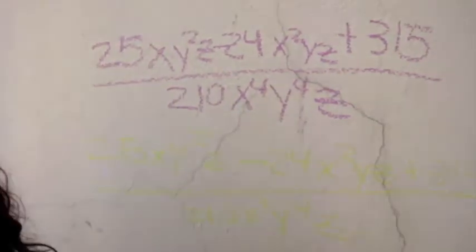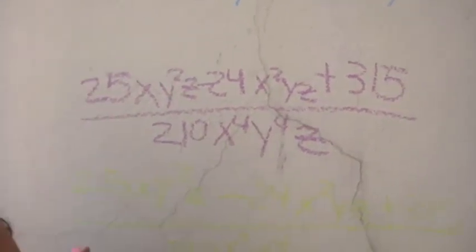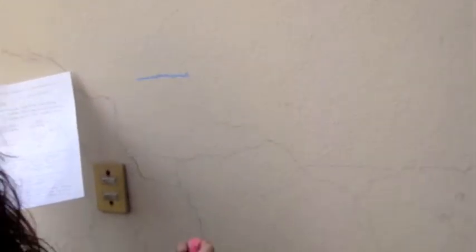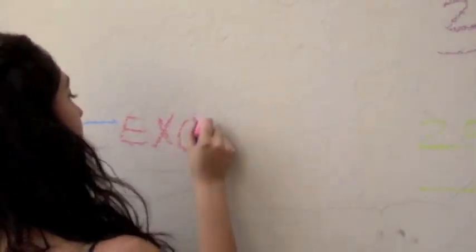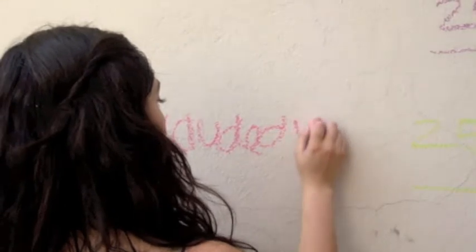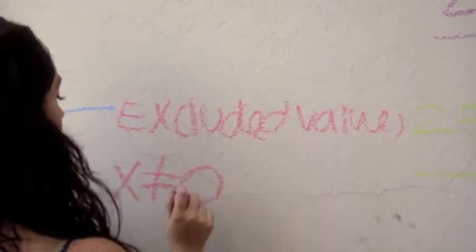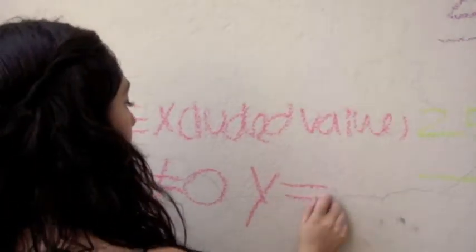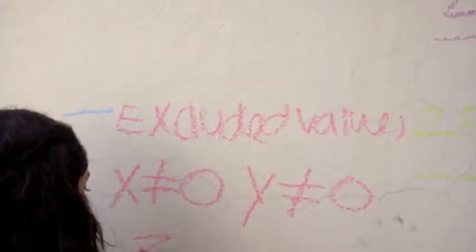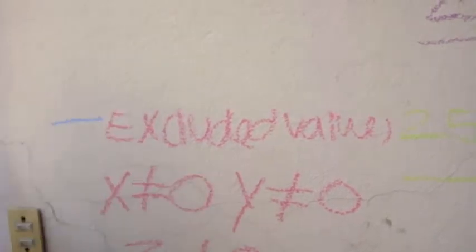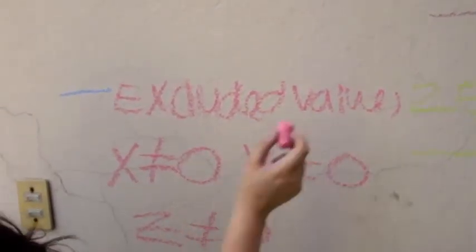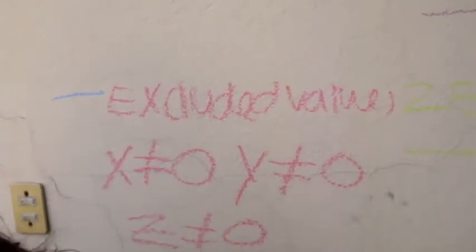We also need to include the excluded values. An excluded value is the value that the variable can't be in the problem so that the denominator is not equal to 0. So our excluded values are x can't equal 0, y cannot be equal to 0, and c cannot be equal to 0. Why? Because if these variables are 0, the denominator will be 0.